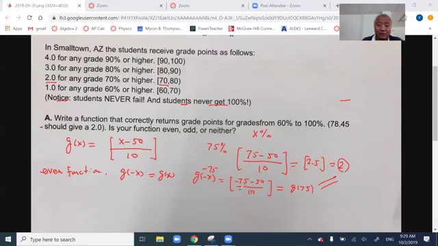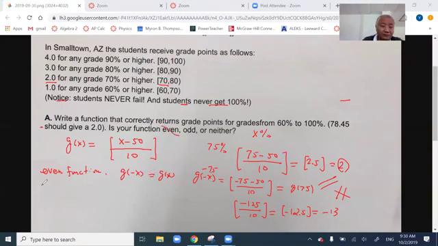But g of negative 75 will be negative 75 minus 50, which is negative 125, divided by 10, which is negative 12.5, and the greatest integer of that is negative 13. So these two are not equal, so definitely this is not an even function.